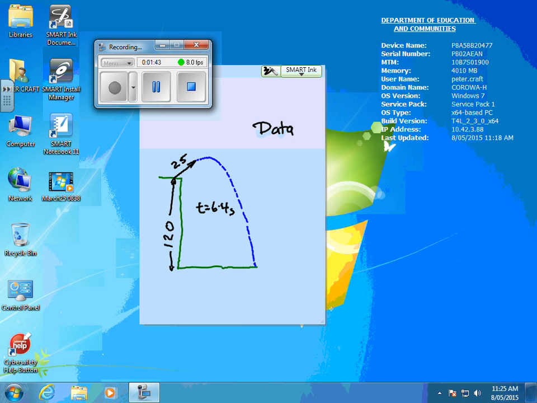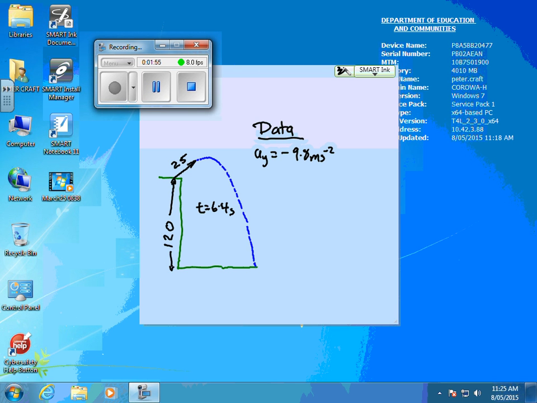Now, as I always urge you to do, we put our data in there. Of course, you can always start with a_y equals minus 9.8 metres per second squared. We can put in a_x, because it's a typical question we have in the HSC, it's 0.